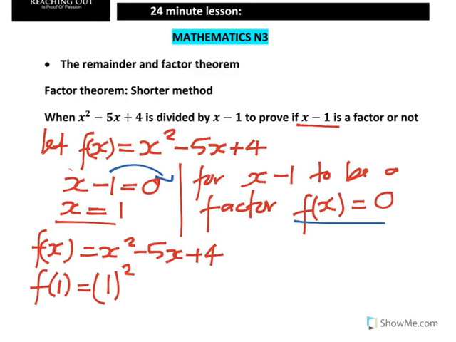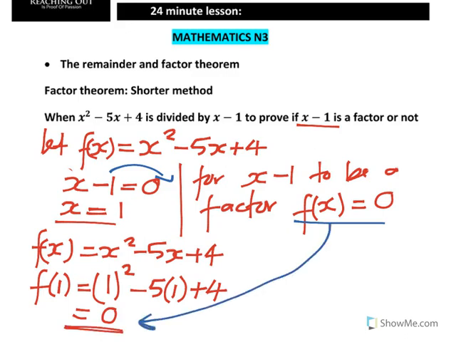Where did I get the 1? Because we said x is 1. If you use a calculator, you will discover that you are going to get a 0. So when you get a 0, it satisfies this condition which says f of x must be equal to 0. And then, therefore, x minus 1 is a factor. That's how you prove it.